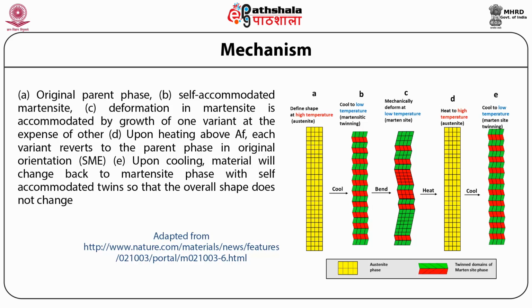Since the parent phase has higher symmetry, it has only one variant, and hence, although the deformed shape can have multiple shapes depending on the combination of various Martensite variants, the high temperature parent phase has only one shape, and it will be the shape given to it at high temperature.